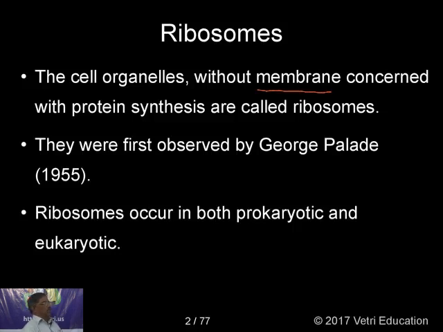These are called ribosomes. They were first observed by George Palade in 1955, so sometimes they are also called Palade bodies, but now they are ribosomes. They occur in both prokaryotic and eukaryotic cells.